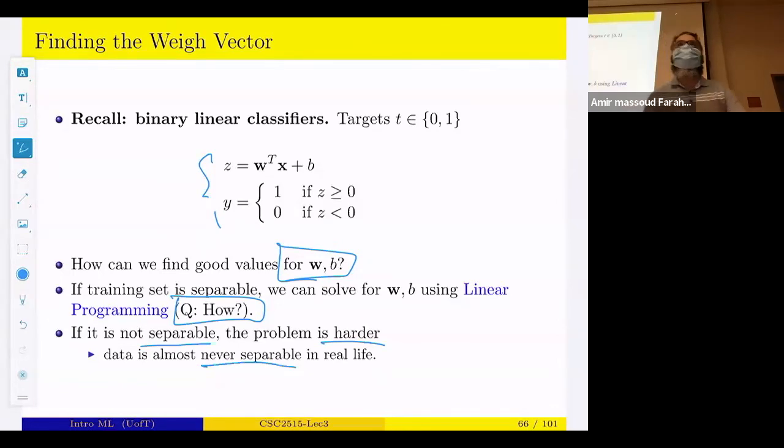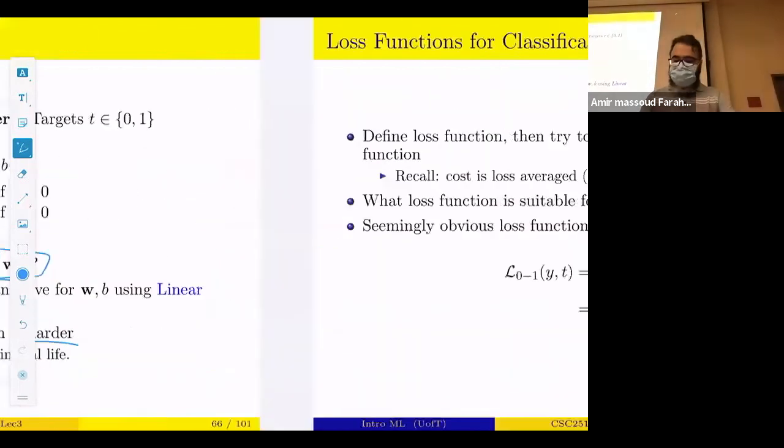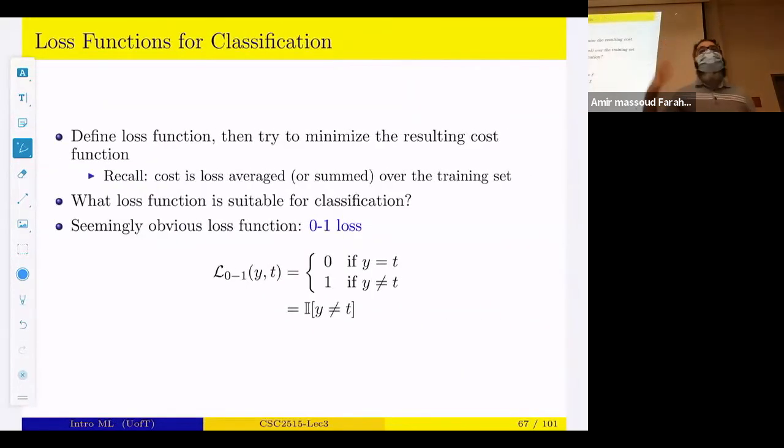So essentially, we can say what matters is how many errors we make. Let's just minimize that. So now the idea is that we define a loss function and then try to minimize it as with what we did before.